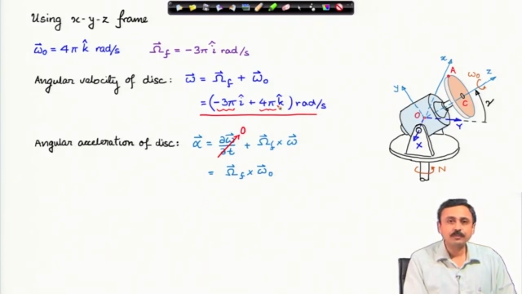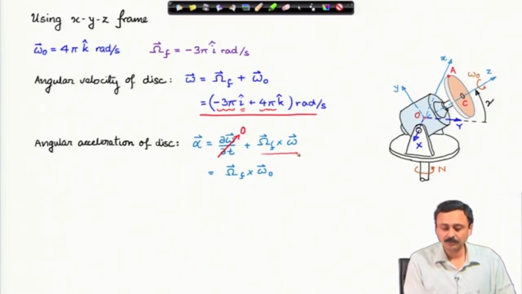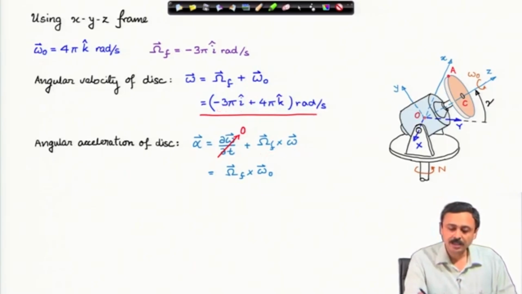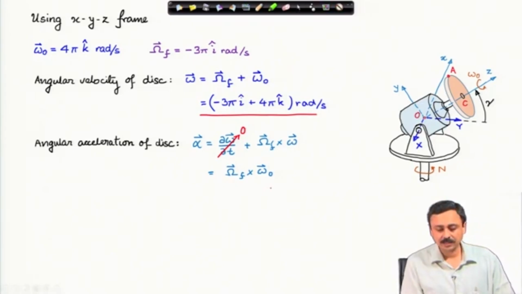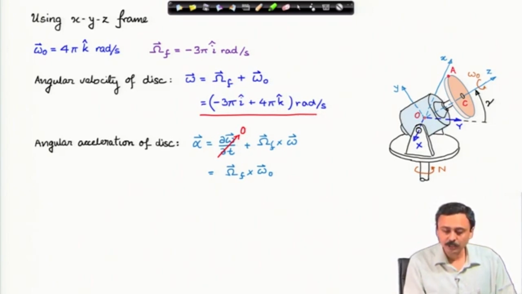The other part comes from the frame derivative, the i cap vector dot and k cap vector dot, that sits in this term. Since the magnitudes of omega naught and omega f are fixed, they are not time dependent, therefore the local derivative vanishes, and what we have is the angular acceleration because of the frame rotation, omega f cross omega naught. Why only omega naught?